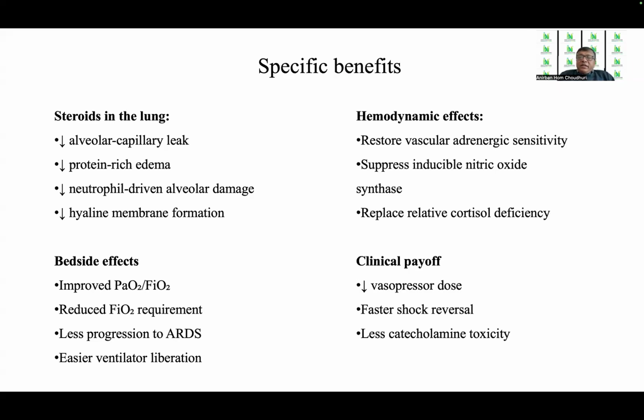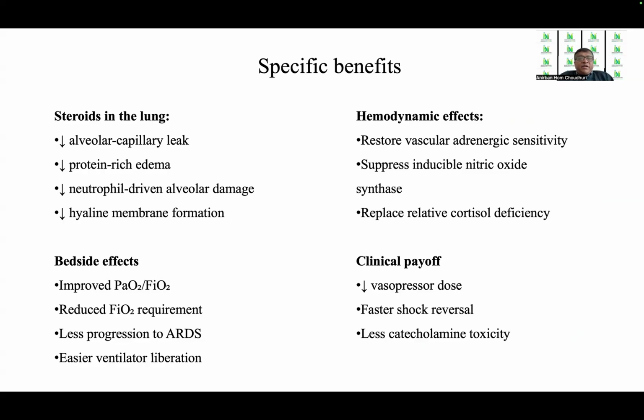Other than the lungs, because of septic shock in severe CAP, there are also hemodynamic effects. These hemodynamic effects restore the vascular adrenergic sensitivity, suppress nitric oxide synthesis, and replace the relative cortisol deficiency.